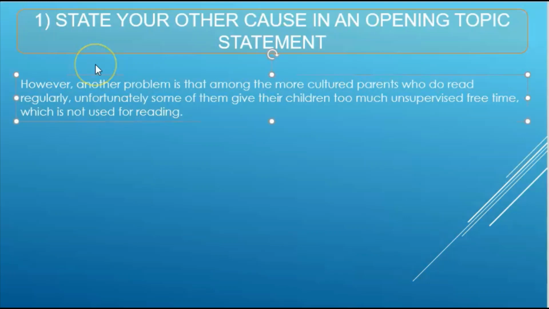However, another problem is that among the more cultured parents, so again, here we have an introductory link. Another problem is that among the more cultured parents who do read regularly, unfortunately, some of them give their children too much unsupervised free time, which is not used for reading.